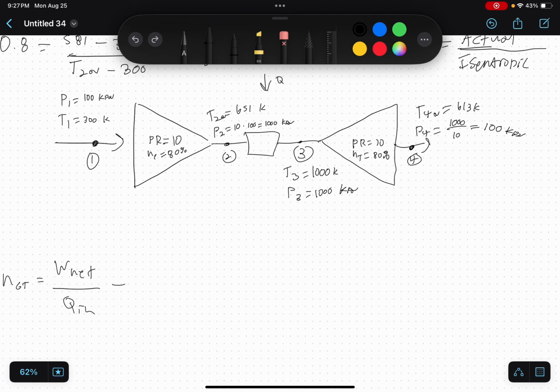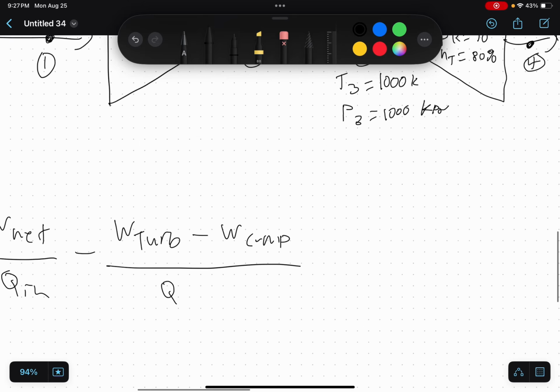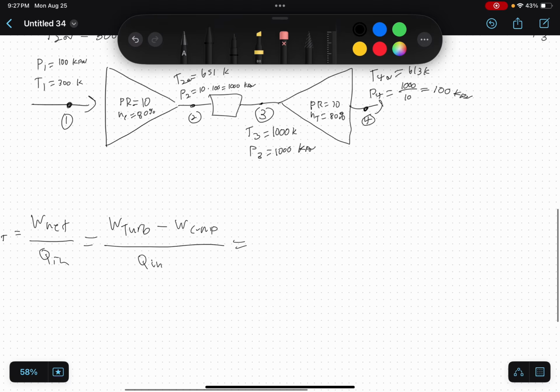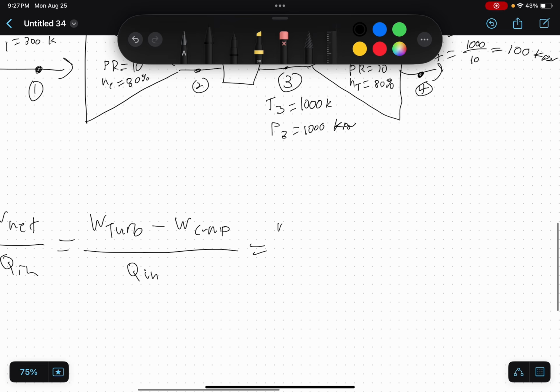So basically, net is W turbine minus W comp over Qn. That equals, not minus. All right, so what are each of these? These are m Cp.